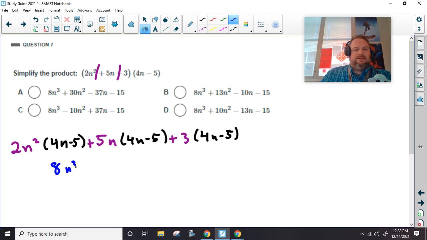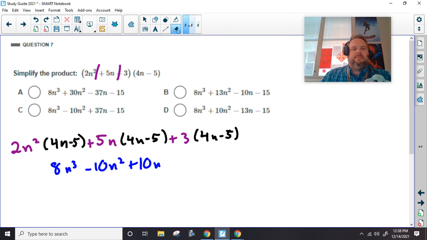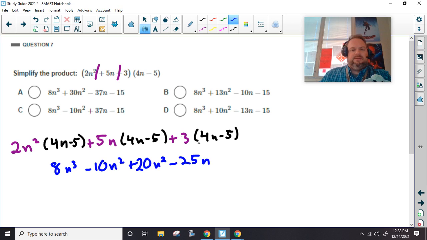So 8 into the 3rd. Nope. Minus 10n squared plus 10n. I should have known better than that, trying to make a 1 like a 2. Okay, 20n squared minus 25n plus 12n minus 15.